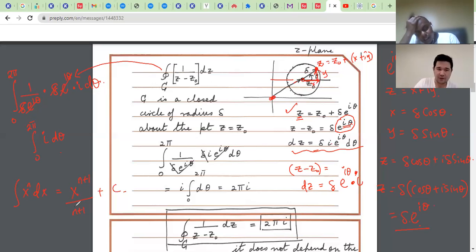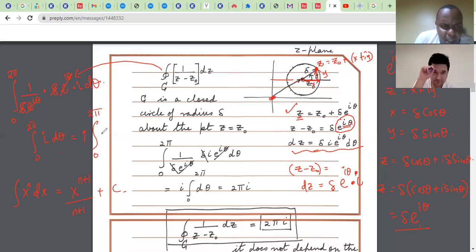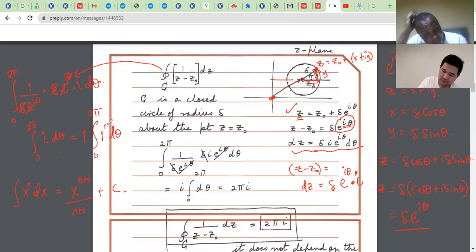So in this case, 1 is a constant, so it can come out of the integral sign. So this is simply i times the integral from 0 to 2π of 1 dθ.